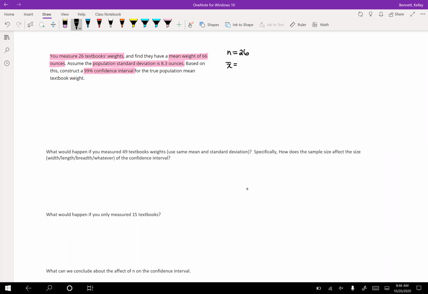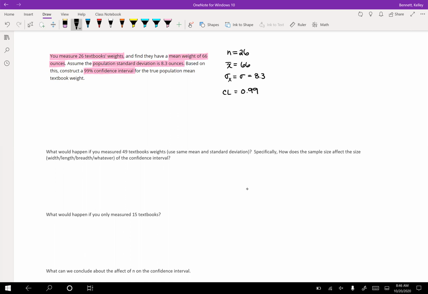This is just a point estimate, a mean of a particular sample. It was 66. And it tells us that the population standard deviation is 8.3 ounces. So you can see here that we've shifted away from the notation sigma sub capital X and moved it just into sigma. This is my laziness. I think Excel will still show sub X, 8.3. And then our confidence level is equal to 0.99.